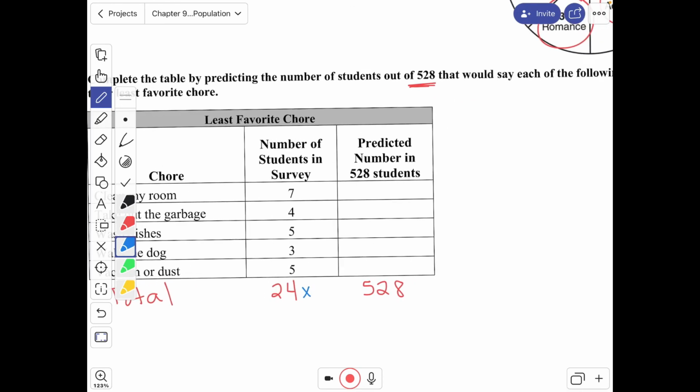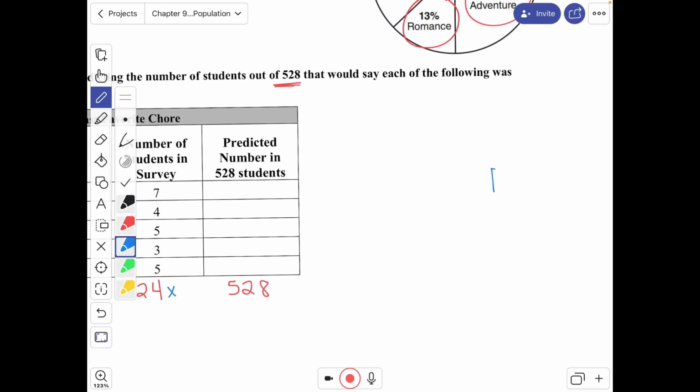Might need to go over here and divide that out to see what we multiplied by. So 24 doesn't go into 5, but it does go into 52 twice, because 2 times 24 is 48.